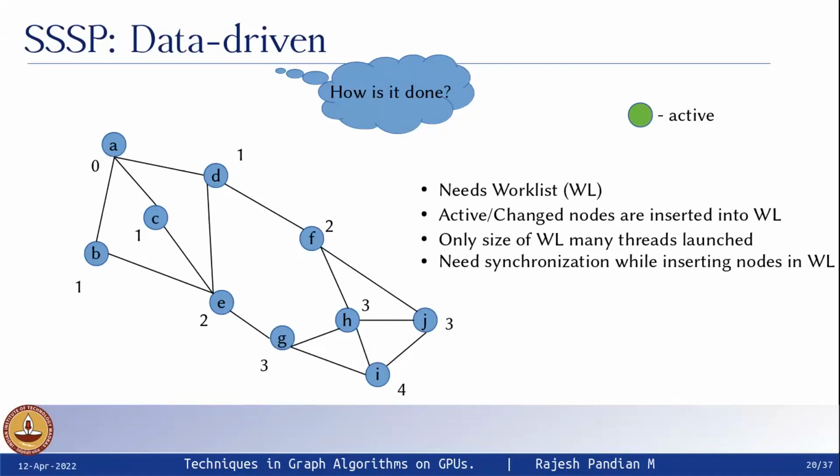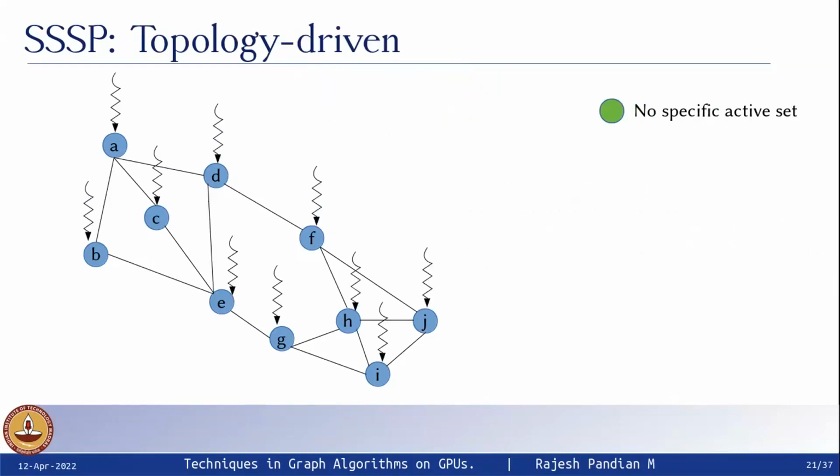Whenever we mark a particular neighbor as modified, we push it into that work list, and we only launch work-list-many threads. The important point here is that when updating the work list, we have to take care of synchronization, because multiple threads may try to insert an active node into the work list. So this is what data driven is.